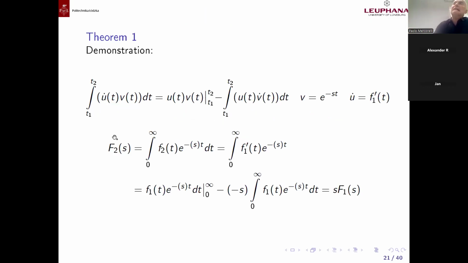Look at this exercise, considering this rule in which v is the exponential function e up to minus st, and the derivative of u is f1 derivative.